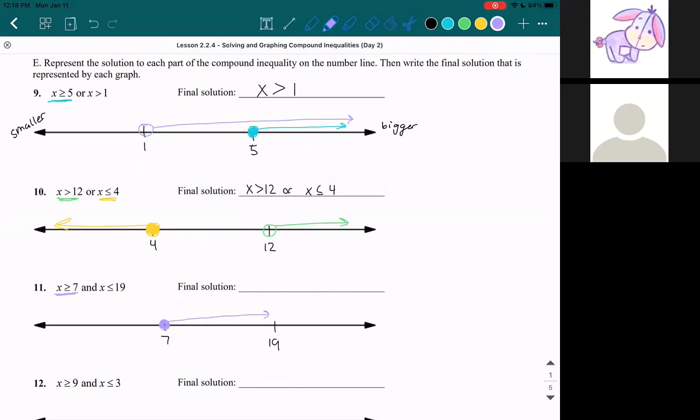And it also says x is less than or equal to 19, so I'll just do that one in green. I see the equal to, so I'm going to fill that in. It takes a while. X is less, so I'm going to shade in everything to the left. You will now notice that there is some overlap. Actually, let me draw my arrows longer.